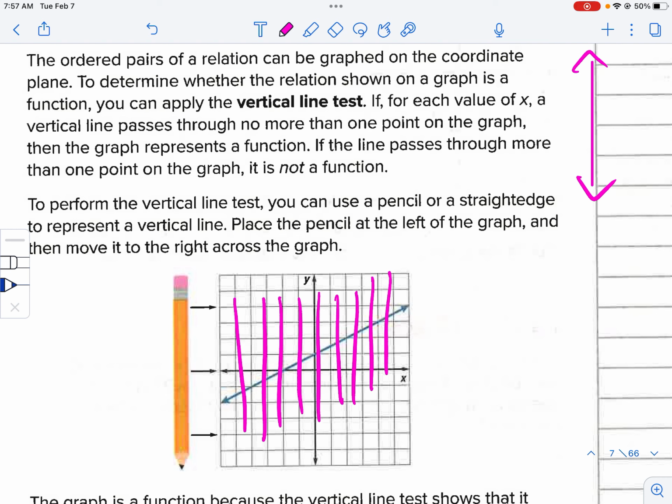Sometimes it's called the pencil test. If you were to take your pencil and move it across, does it only hit the graph one time, meaning the line that's drawn on the coordinate plane? Now, if the line passes through more than one point on the graph, then it is not a function.